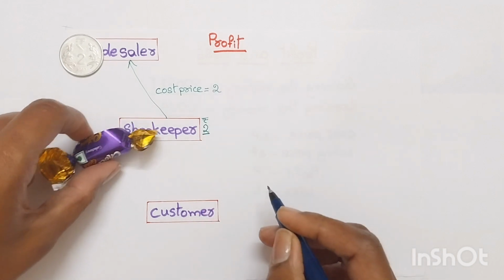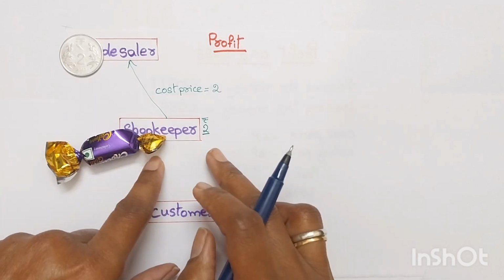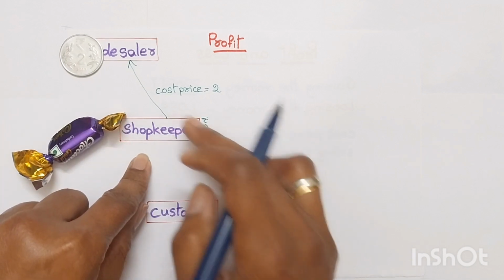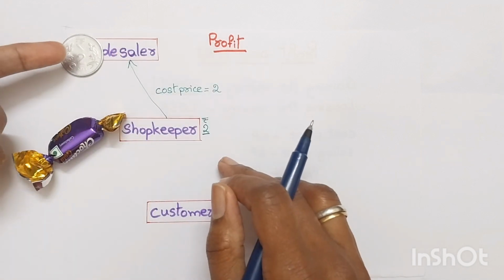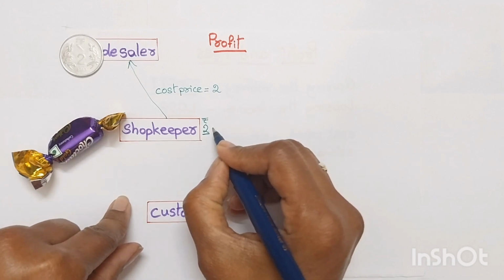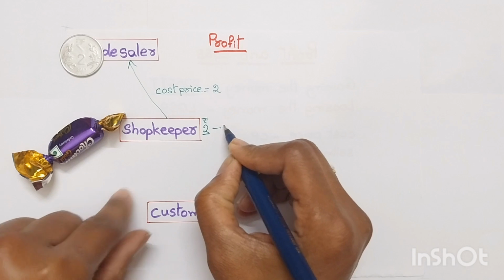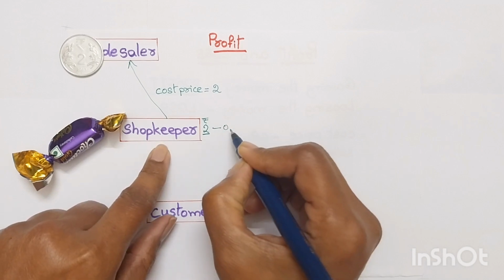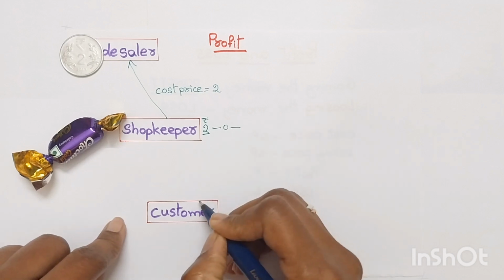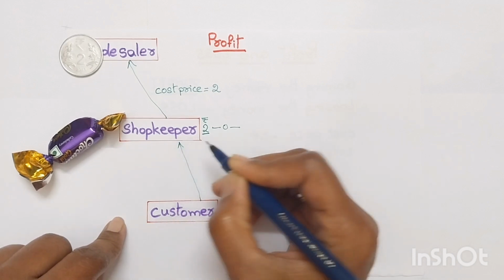Now how much amount is with the shopkeeper? No amount. He invested it to buy the chocolate. Now the shopkeeper has 0. He has nothing. Now one customer came to the shop.